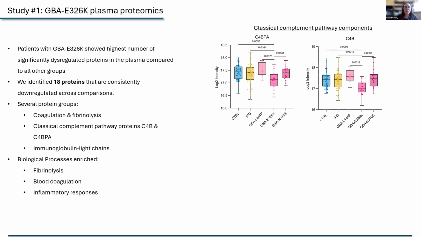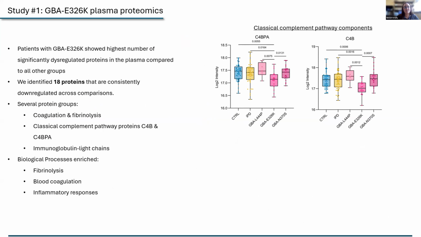So overall, what we found was that patients with the GBA E326K showed the highest number of proteomic differences in their plasma, the highest number of dysregulated proteins. Overall, we identified that there were 18 proteins that were consistently downregulated in these patients across all different comparisons.